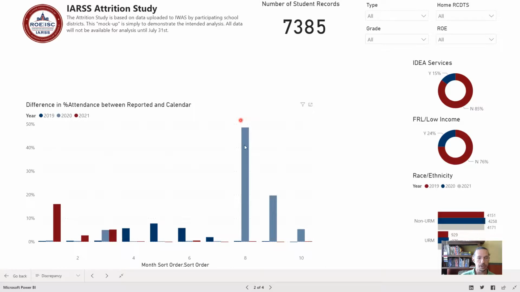And we see that huge spike in May of 2020 and March of 2020, and then April and May. And then there's that change in August. We see some other discrepancies in here as well that are interesting to think about. We'll be curious to see if these pan out as we have more districts involved in our study.